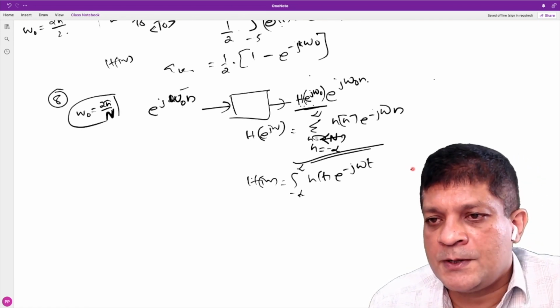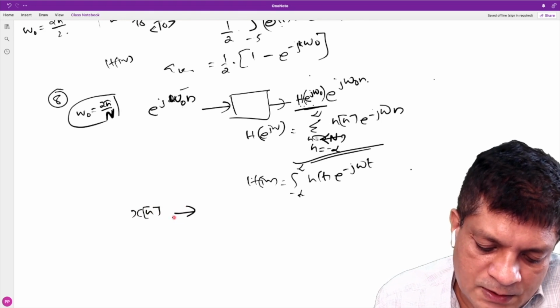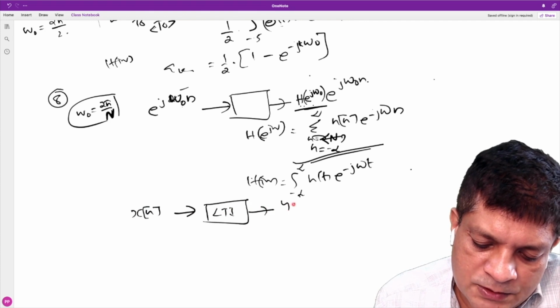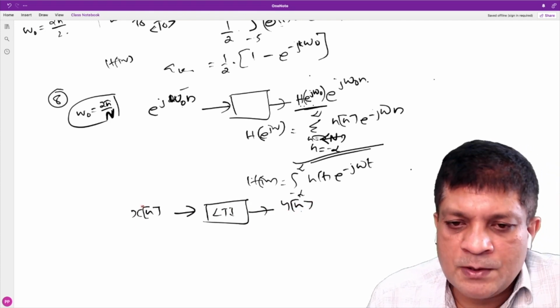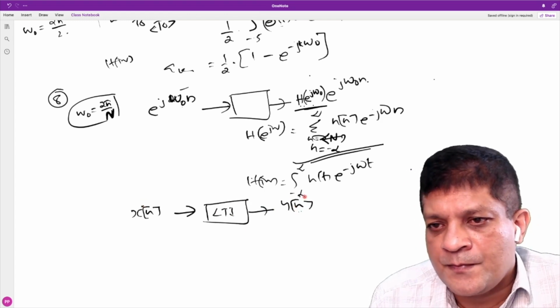Now the other properties are also the same. If you give x[n] as the input to a linear time invariant system and the output is y[n], and if this is a periodic signal, the output is also periodic with the same period.